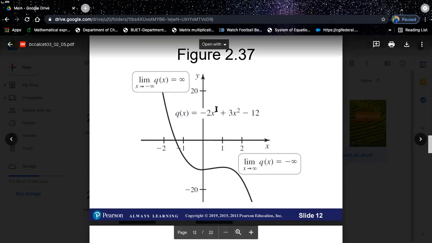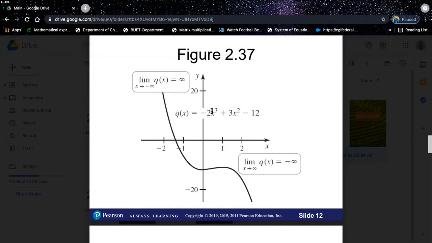Then we have the coefficients and the exponents of x. So here the highest power is 3, the coefficient is negative 2. Then we have the exponent 2, the coefficient is 3, then you don't really have anything with x to the power 1. Can you imagine the coefficient of that?